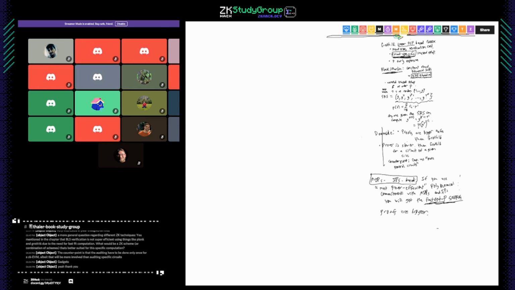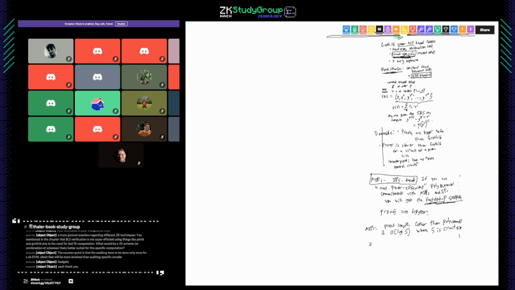So with MIPs, the proof length other than the polynomial commitment is going to be order log circuit size, or log number of constraints in the R1CS that you're dealing with. Let's just talk about circuits: S is circuit size.